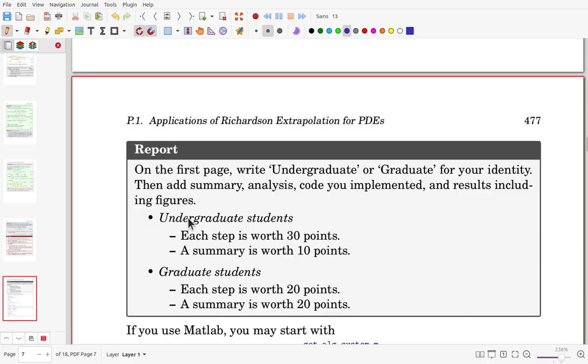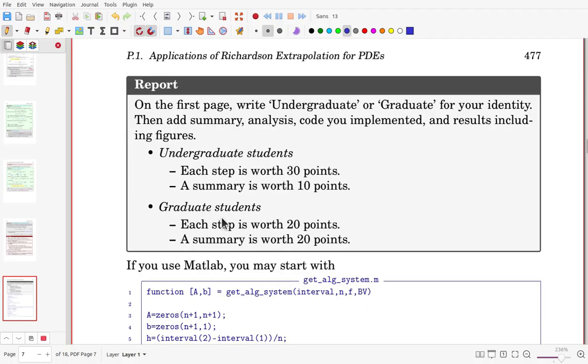For undergraduate students, each of steps 1, 2, 3 is worth 30 points, and the summary is worth 10 points. For the extra credit problem, I'll give you more than 30 points if you do it nicely. For graduate students, each step is worth 20 points, and the summary is again worth 20 points.